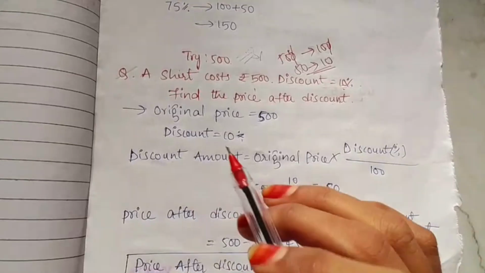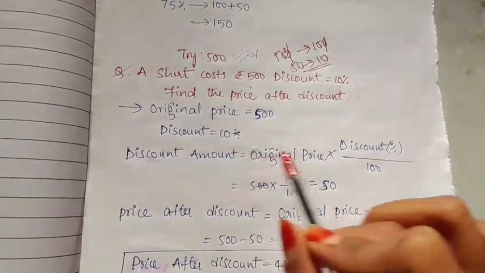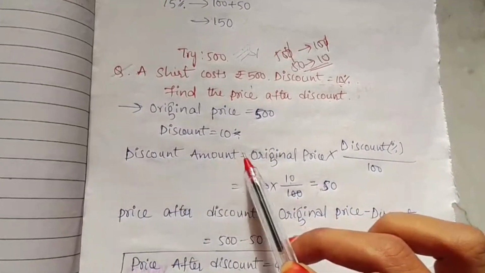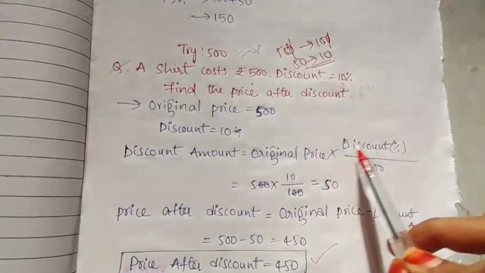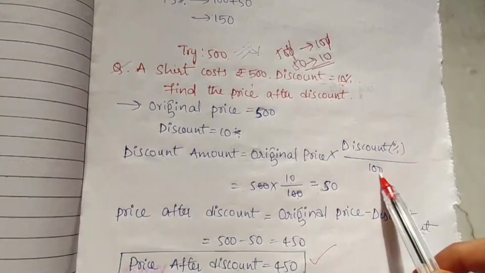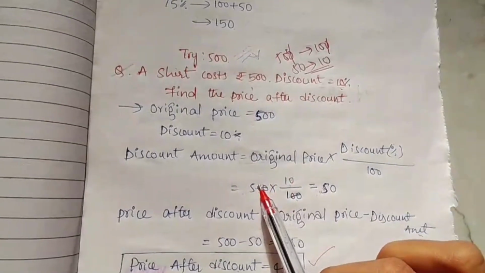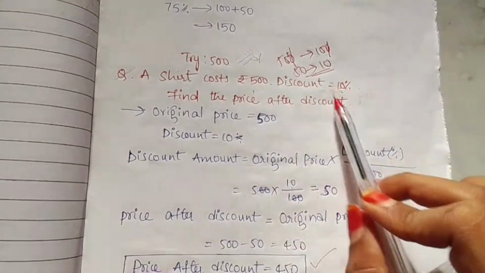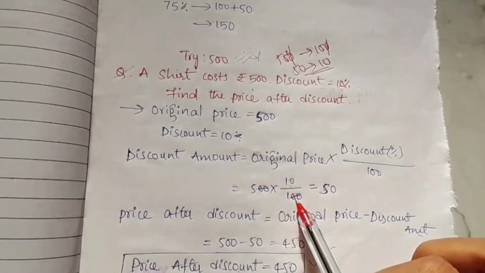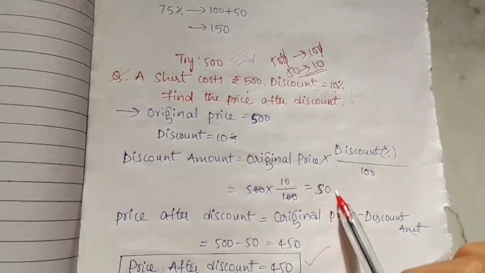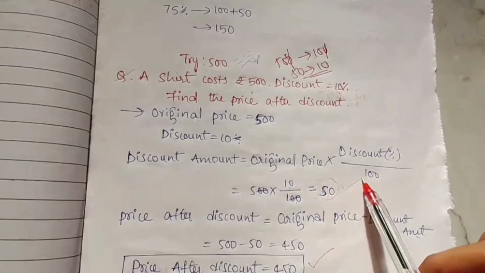If you don't know how to solve it, then this is the procedure. Discount amount is equal to original price into discount percentage divided by 100. Original price of that shirt is 500 into discount percentage 10 divided by 100, that is 50. Here the discount amount is 50.